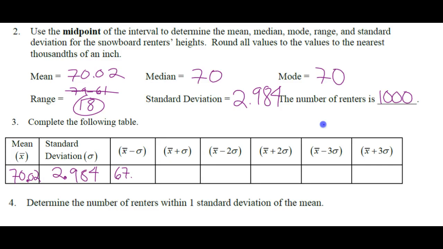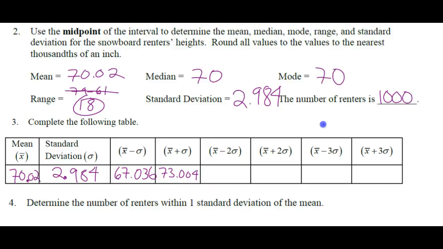So 67.036. The mean plus the standard deviation, that's 73.004. The mean minus 2 times the standard deviation. So my order of operations says, if you just enter it in your calculator as the number minus 2 times this number, you'll get the right answer, right?